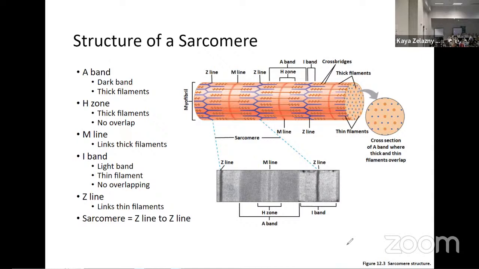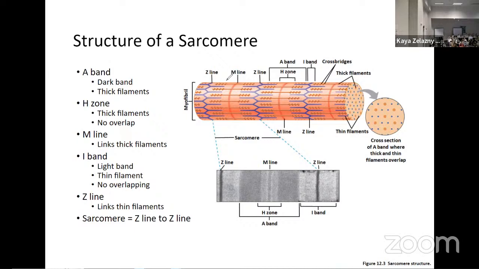Because of that, we're going to see that some of these zones are going to stay the same length, no matter how long or short that sarcomere gets. And others are going to change size, depending on whether we're in the contracted state, so the short state, or a relaxed state, that longer state. So when we're looking at these, we can do these in order now.